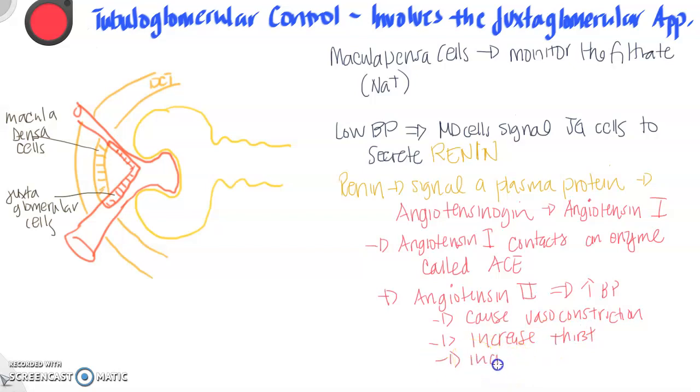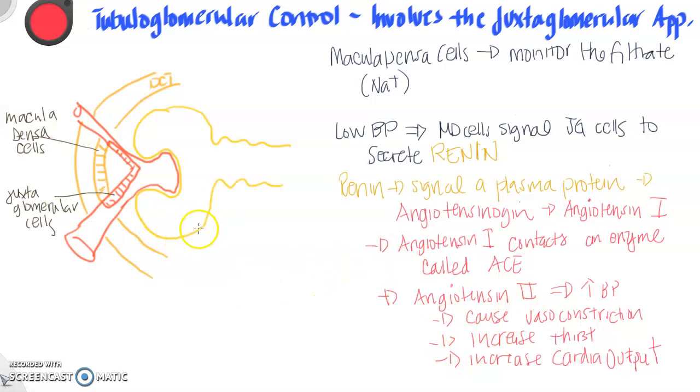And will also increase cardiac output. And as you remember, with cardiac output, that means there is going to be an increase in stroke volume and heart rate. So that, of course, will increase the blood pressure.